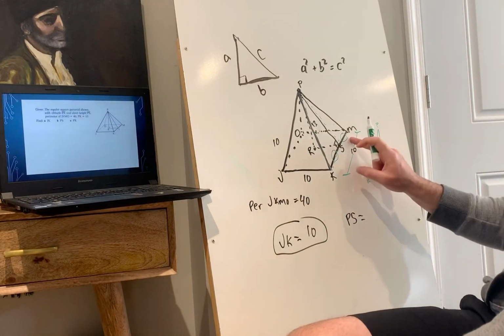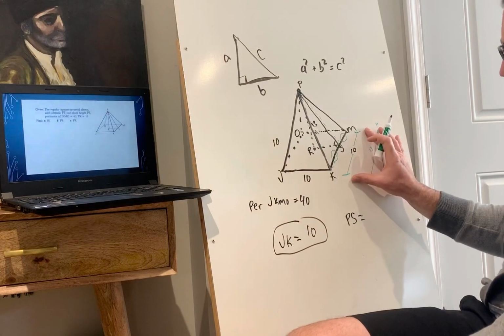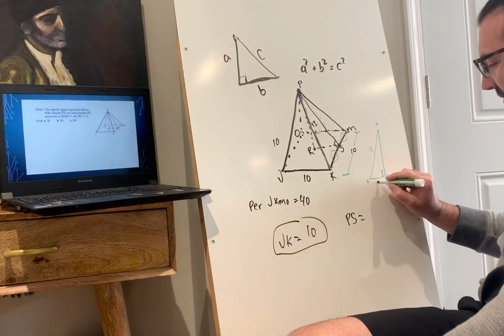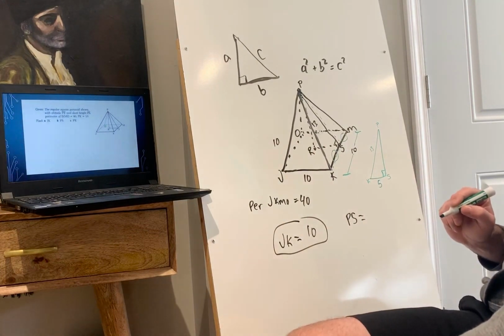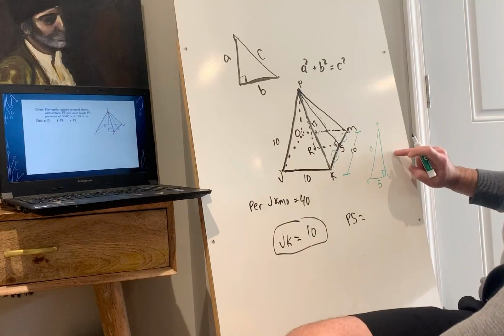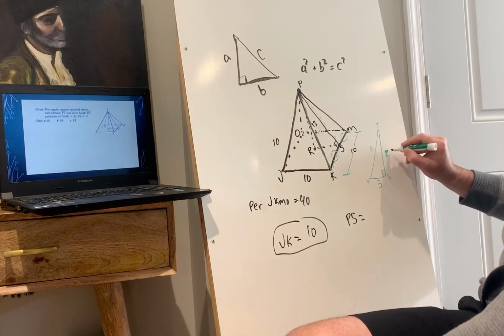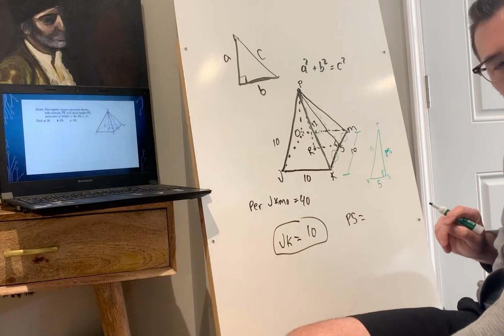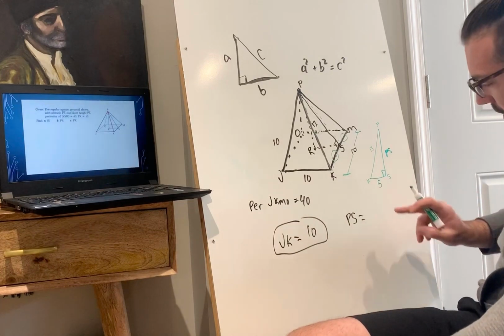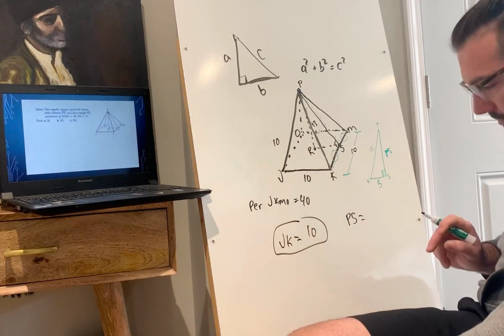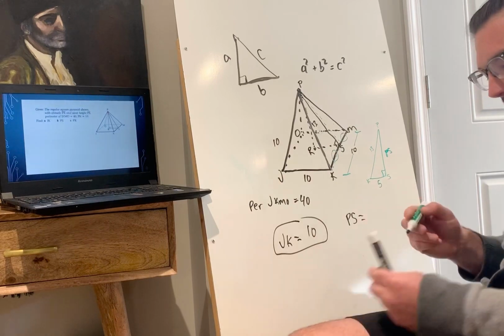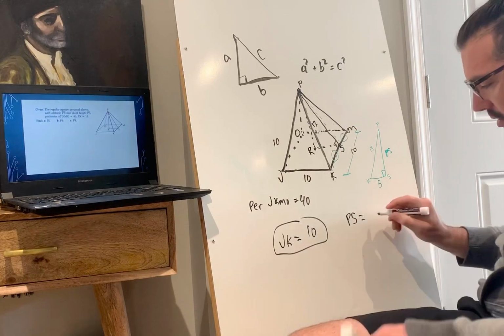So if these are congruent, and when you add them up, they equal 10, that means that KS is just 5. Okay? Well, now I could use the Pythagorean theorem to find PS here. Or, if you remember the Pythagorean triples, you remember a 5, 12, 13? So PS is definitely 12. Why?